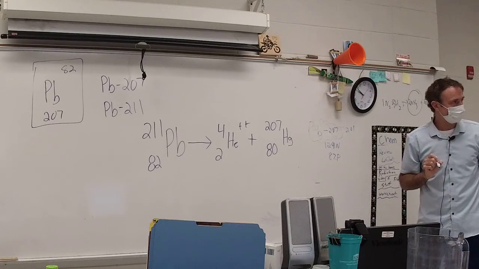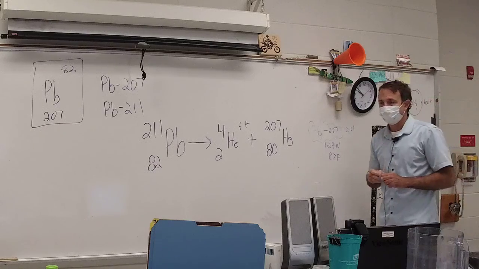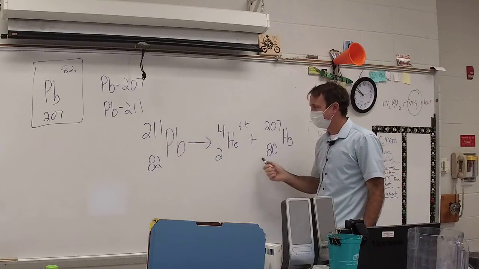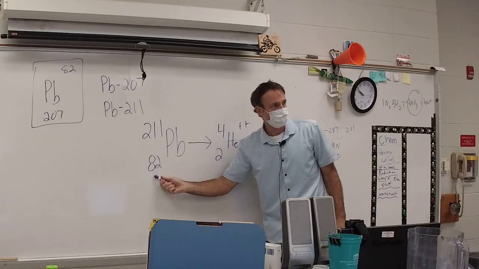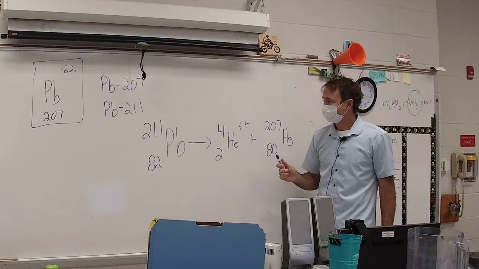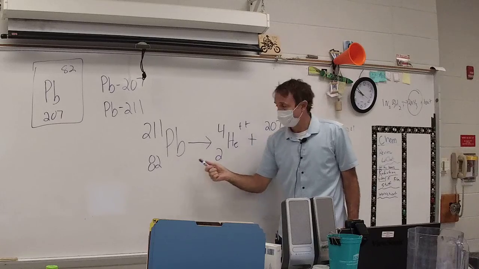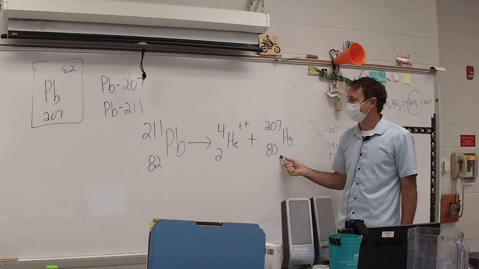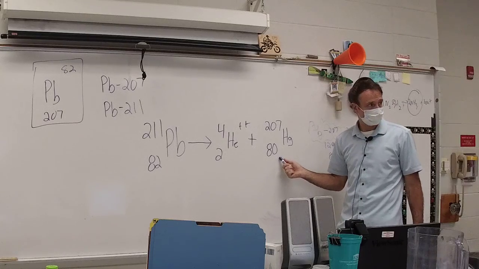See how simple that is? 207 plus 4 is 211. 80 plus 2 is 82. The alpha decay of lead 211 would produce helium and mercury 207.